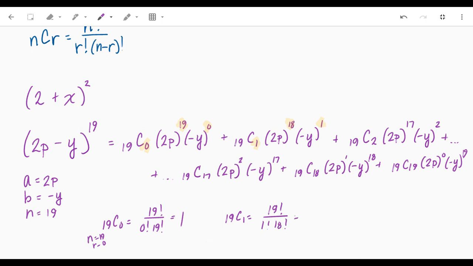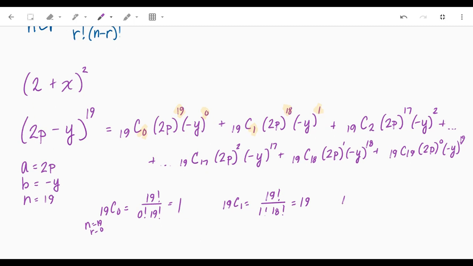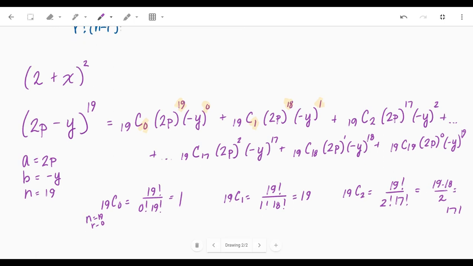So we know that that would just be 19. 19 choose 2 would be 19 factorial over 2 factorial times 17 factorial, which we know would be 19 times 18 over 2, which is 171. One thing that's kind of neat about this is that it repeats itself.